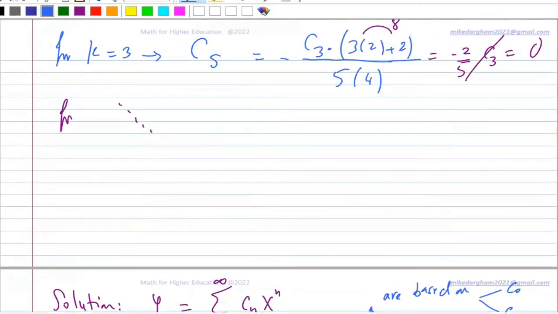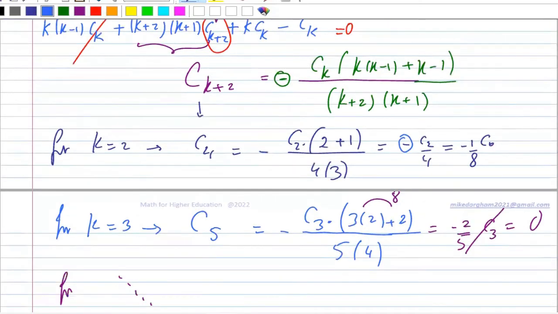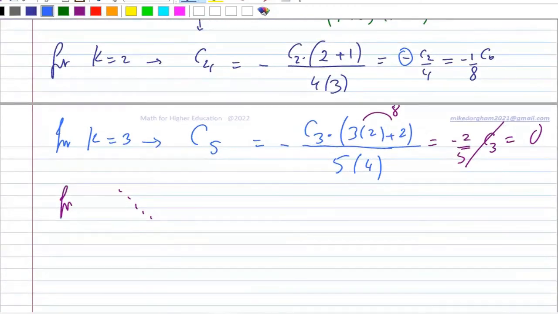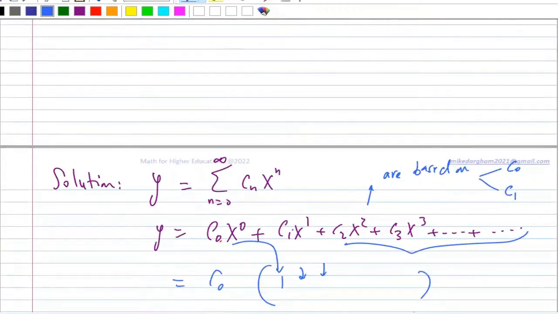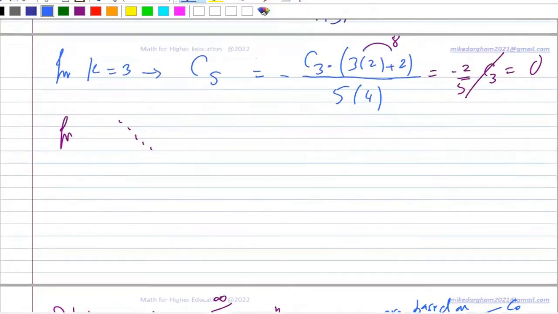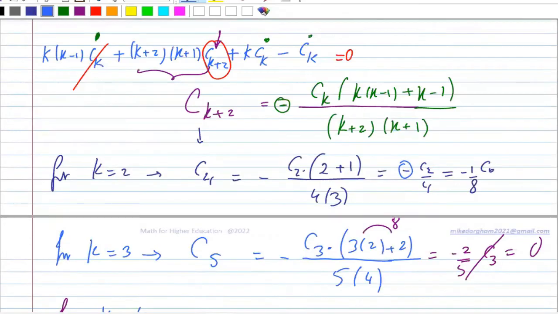Where are we? So far I have C4, right? Because C3 is a 0 in this case. So I have C4. It means I got 1 more term in C0. Now I want to do 2 terms only, so I would go 1 more here, for K equals what? 4. What do I get? So this is your reference.